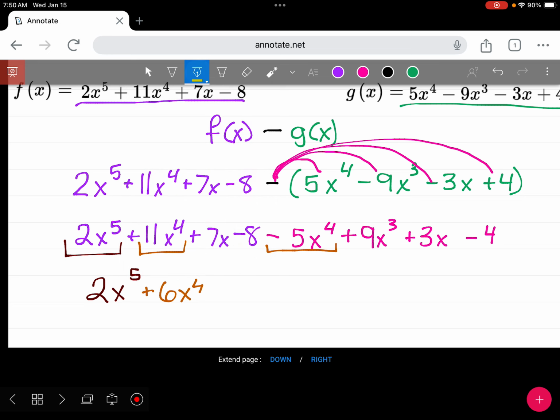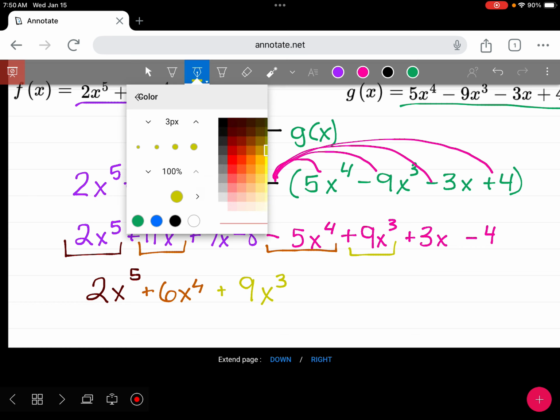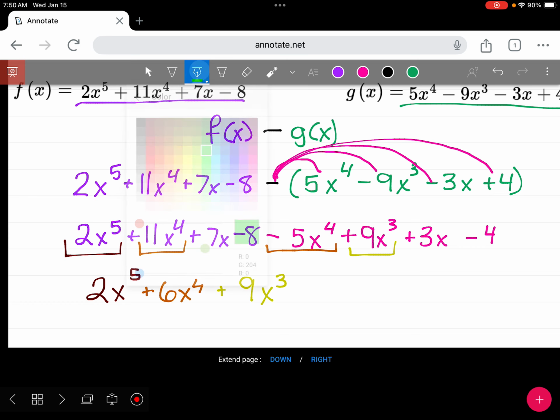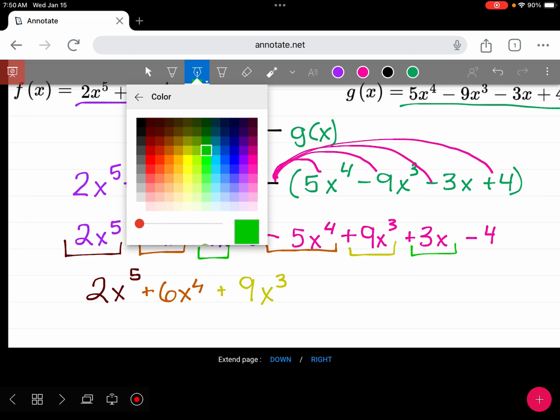Then what are we going to have? What's going to be next? Plus 9x cubed. We don't have any squared pieces. So our next piece is going to be these x's. I've got our 7x and our 3x, which is going to give us what?